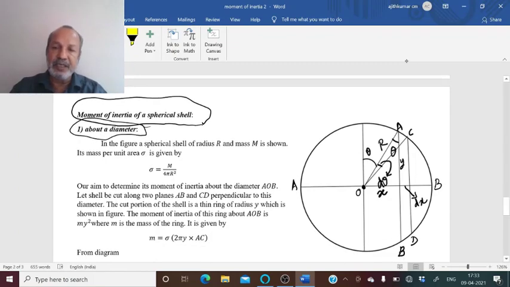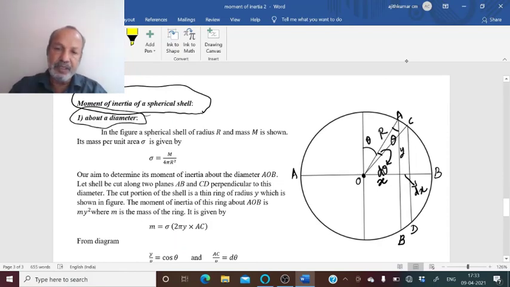Now consider this diagram. This is the spherical shell, and we will calculate moment of inertia about the axis AOB, which is a diameter of the shell. Now suppose we cut the shell along two vertical planes AB and CD, and these planes are perpendicular to the diameter AOB. So what will be the shape of the cut portion ABCD?